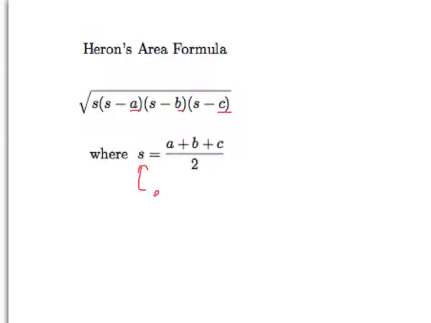The semi-perimeter is half of the perimeter around the triangle. So it adds up all the sides of the triangle, A plus B plus C, and then divides by 2, which gives us half of it, thus the semi-perimeter.